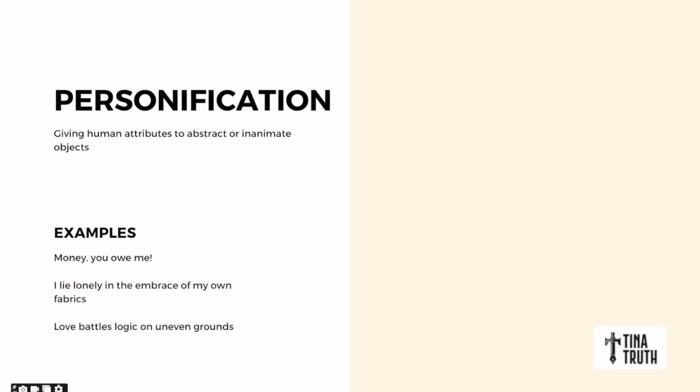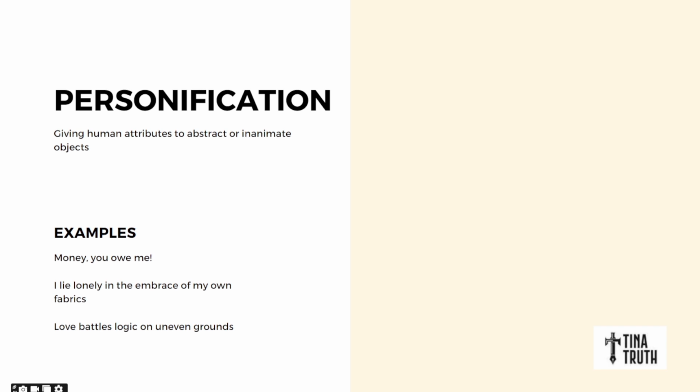Then number two says, I lie lonely in the embrace of my own fabrics. Now, your fabrics are embracing you. Oh my God. That is personification because you're giving human attributes to fabrics. Then number three says, love battles logic on uneven grounds.